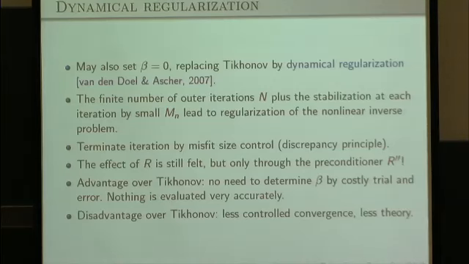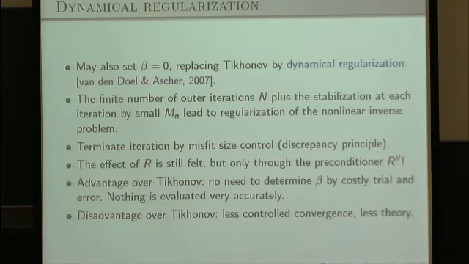Before doing that, let me just mention that we can also take beta to be 0, and then this actually doesn't stabilize Tikhonov, which was what beta 0 equals 0 was about. This actually replaces Tikhonov by something we call dynamical regularization. And the point here is that instead of Tikhonov, it is the finite number of iterations big N plus the stabilization at the last iteration that replaces the regularization effect of Tikhonov.